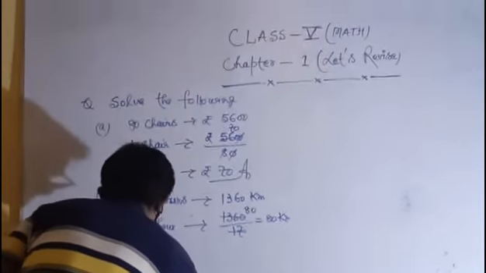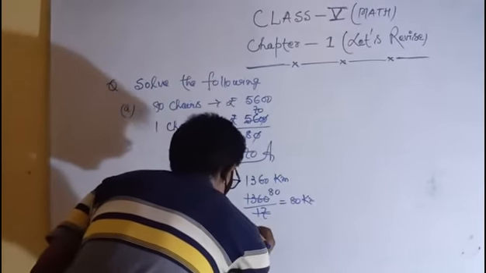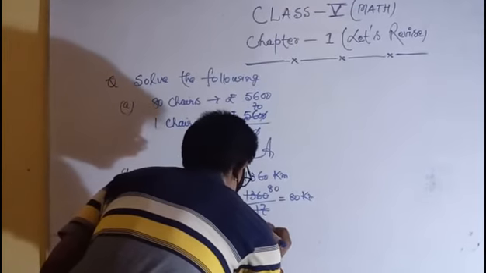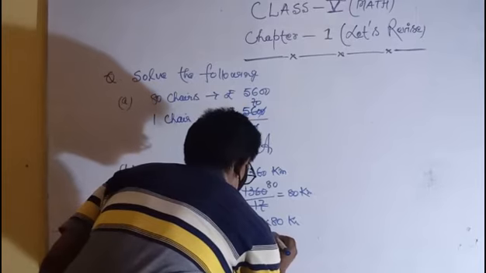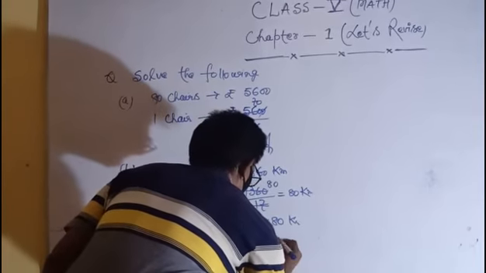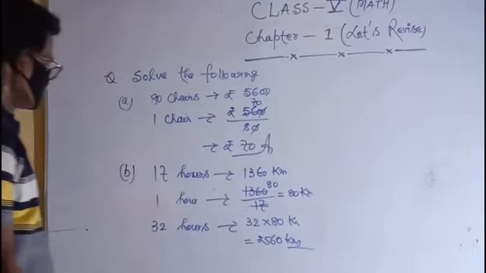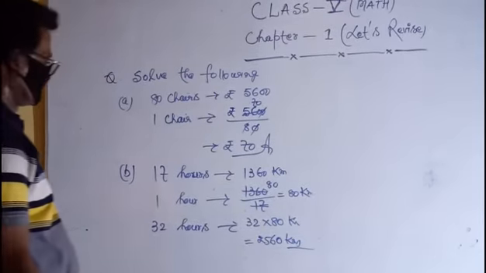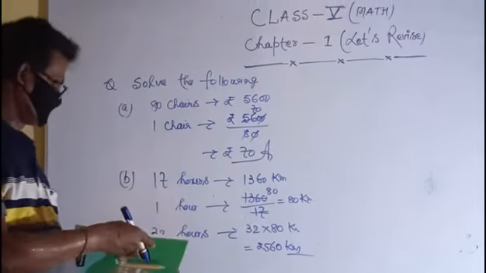Therefore in 32 hours it can be 32 into 80 kilometers. In 32 hours it can cover a distance of 2560 kilometers.